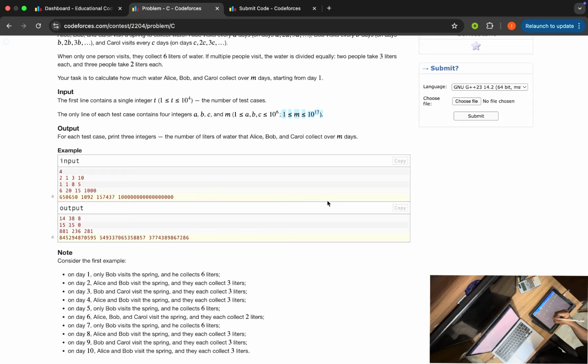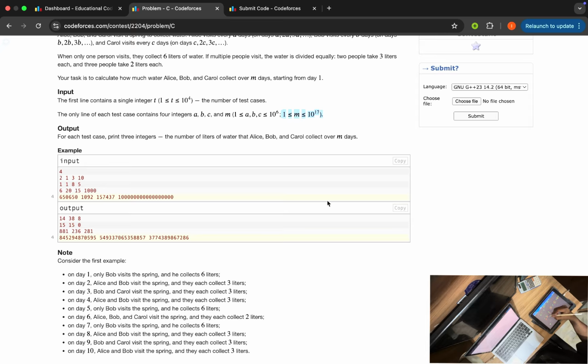So 2 1 4, 2 1 4, 2 1 4. 2 gets here, 1 gets here, or 2 1 3, 1 2 3. Okay, then I got this.